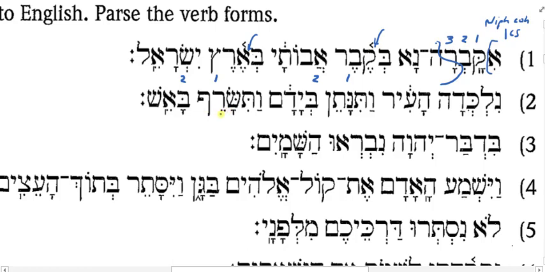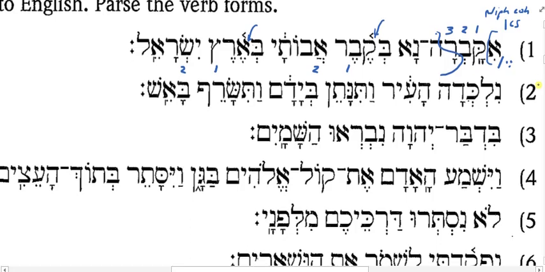Other questions? Why does the aleph at the very start of that one not have a sheva? The aleph. Oh yeah. So you could have a hiriq over here or a segol. Both of those are going to be possible with the nifal. All right. Number 4.